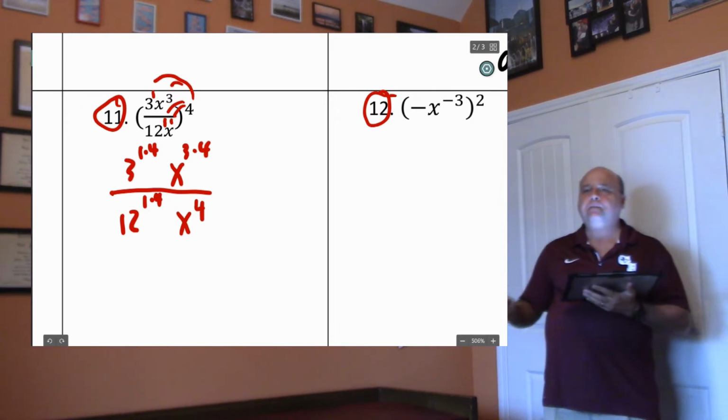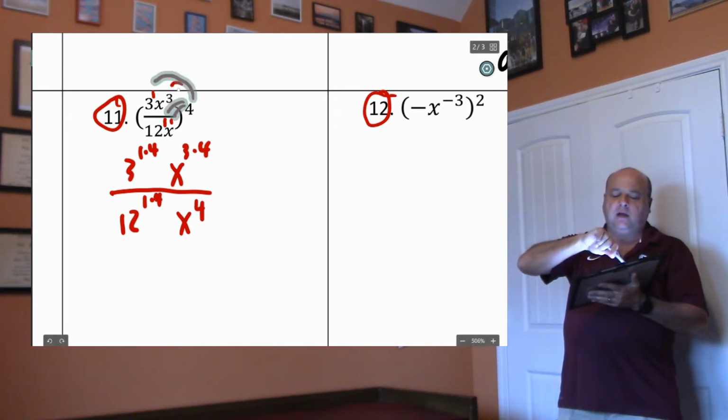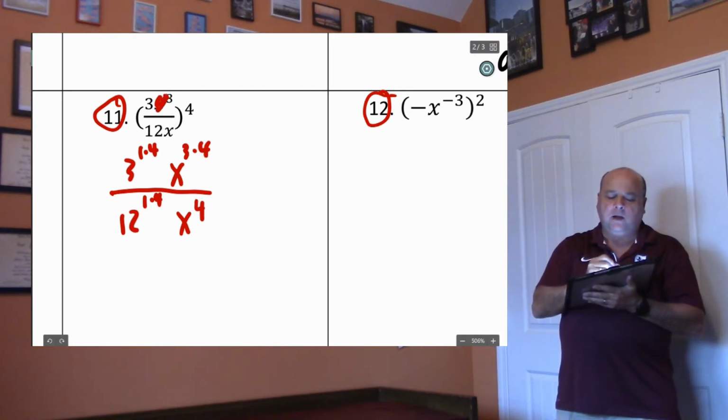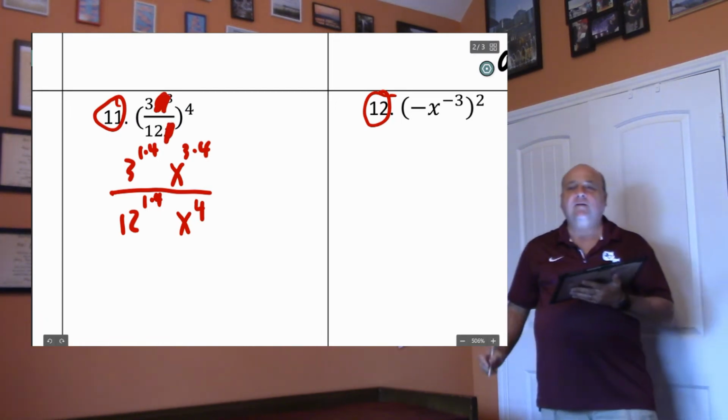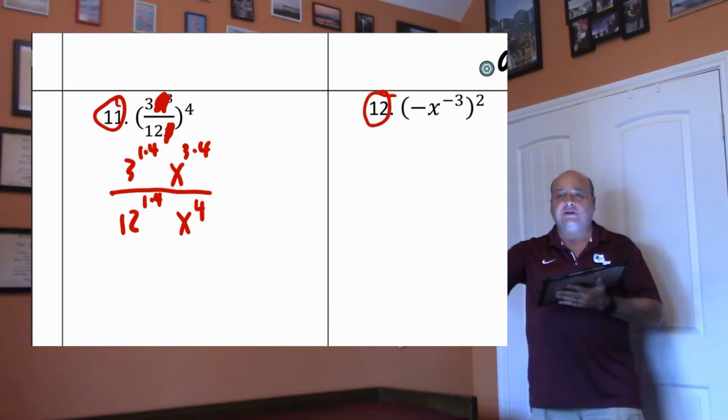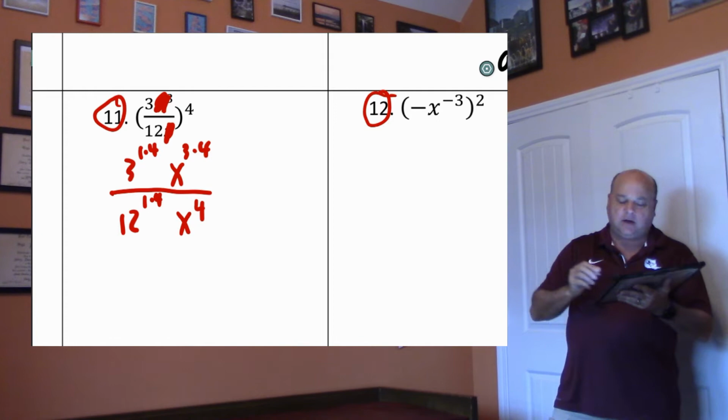Something else I want you to think of. Imagine if you took out the letters. You would have this, wouldn't you? If you took out the letters and variables, you would have this. Punch this into the calculator.